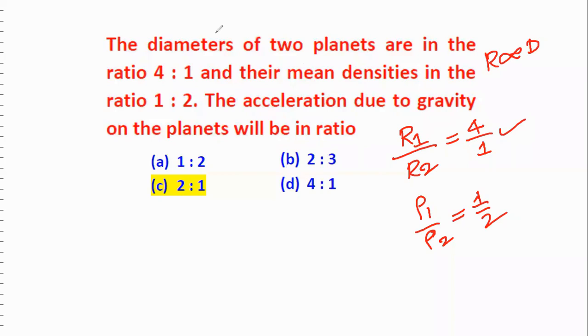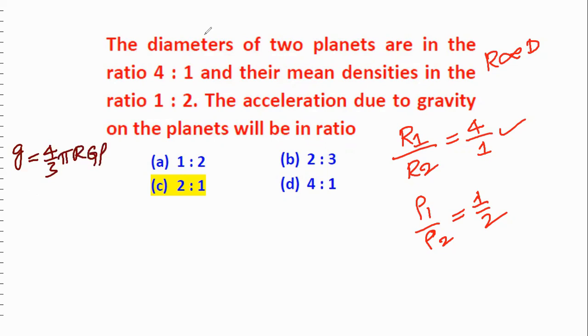From this, we will write acceleration due to gravity in terms of density: g is equal to 4 by 3 pi R G rho.